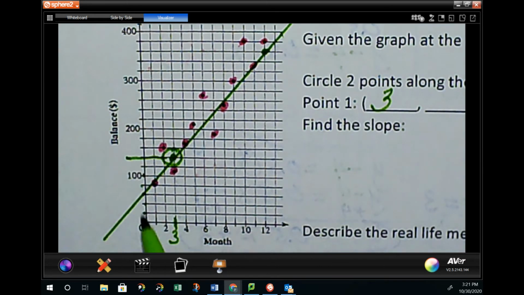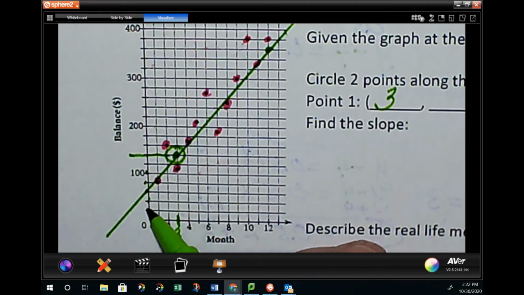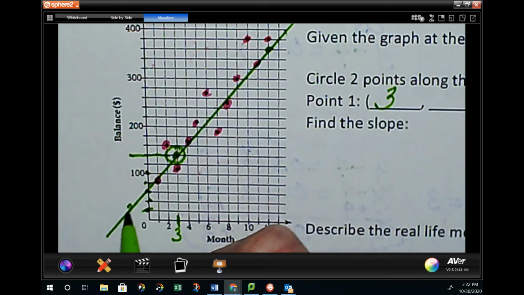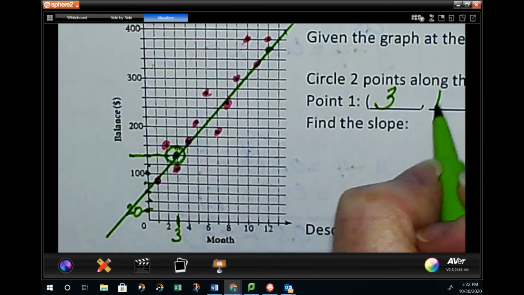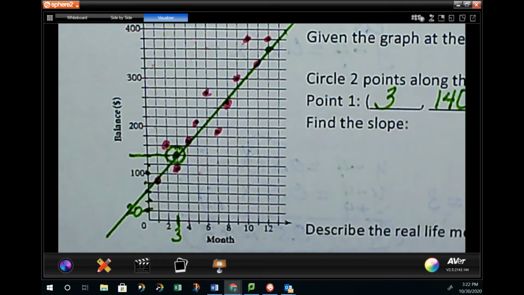To go from 0 to 100, it has to count by something, so I went 100 divided by 5. 1, 2, 3, 4, 5. That's how I got my 5. 100 divided by 5 is 20. Let's check it: 20, 40, 60, 80, 100. So each one of these is 20. So there's 100, 120, 140. My answer is 140 there.